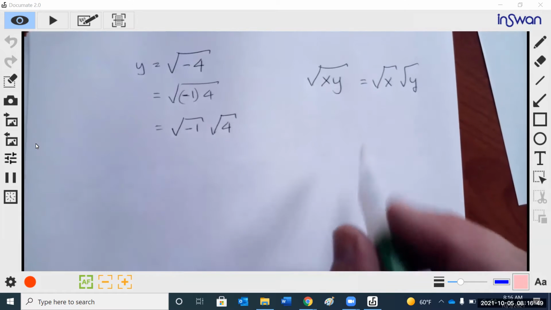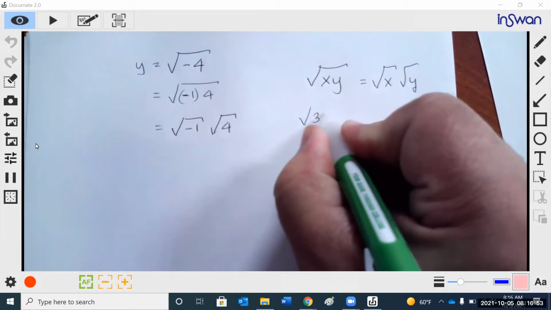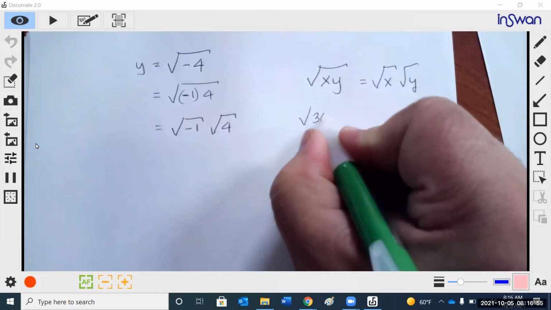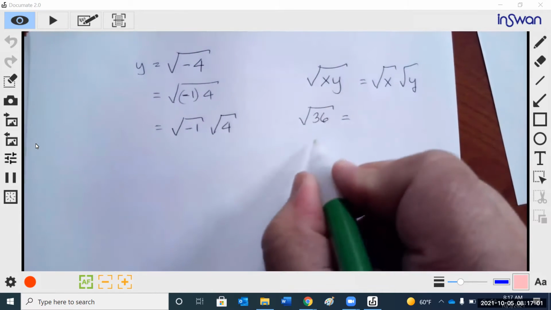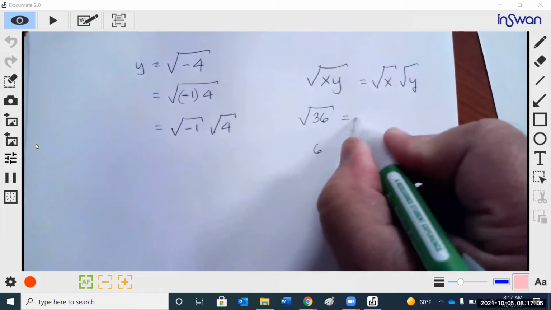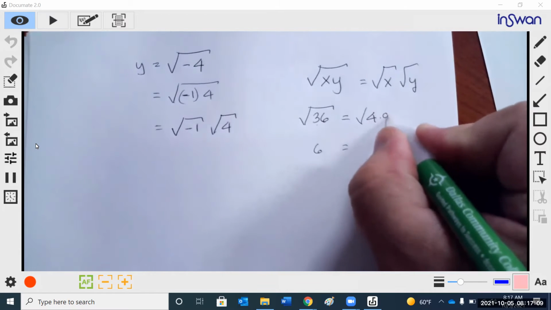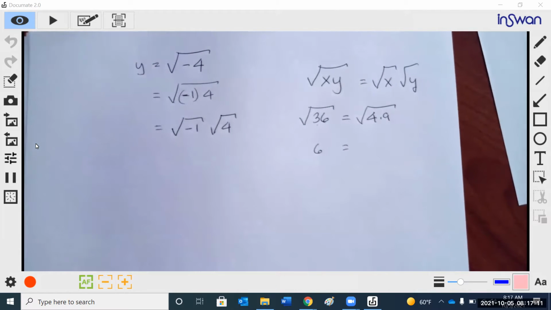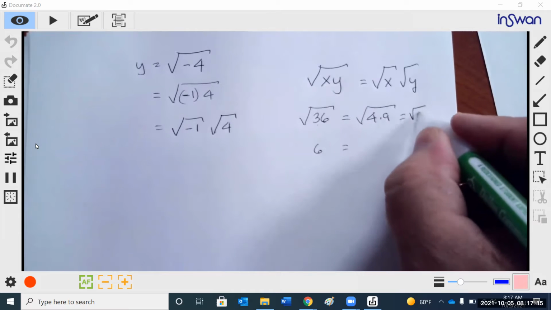And here's the proof of that. We all know what the square root of 36 is. The square root of 36 is 6. But 36 is made up of 4 times 9, right? So with our rule here, I can split them up.